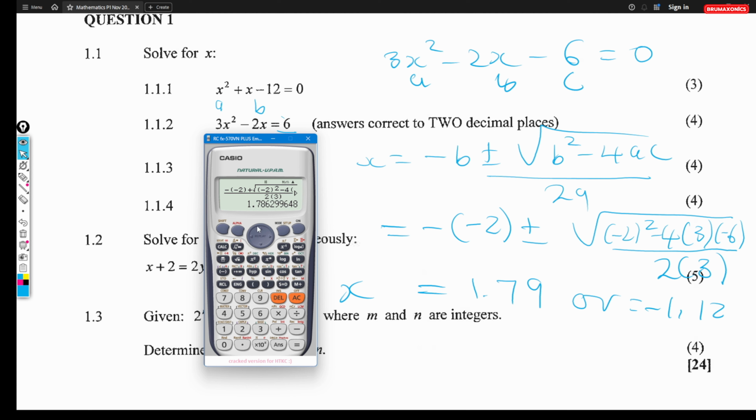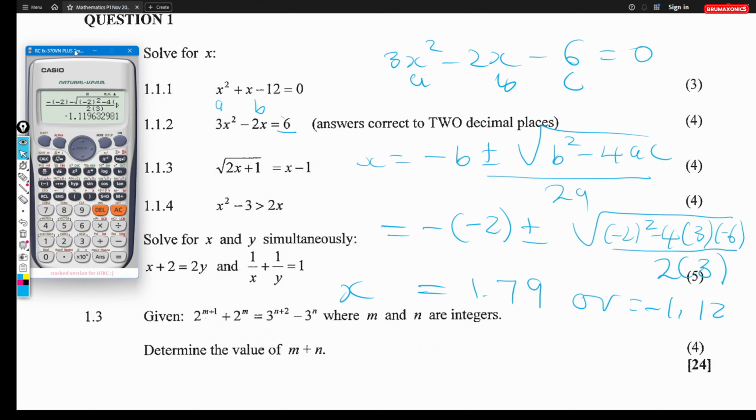Okay, so now I just want to see if we can change the plus sign to a negative sign, because here we said plus or minus. So now I just want to delete that, place a negative and say equals to, and then I'm going to get negative 1.11. This is a 9, we round it up to a 2, so that will be negative 1.12.